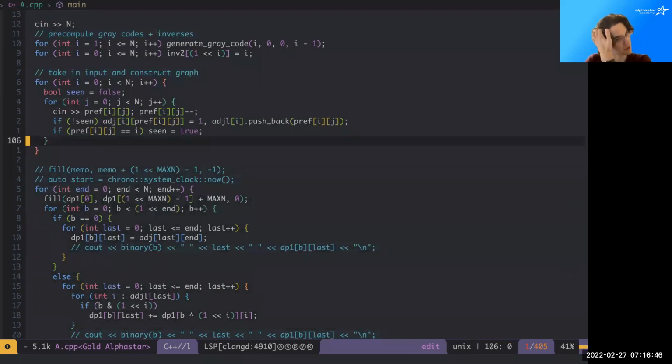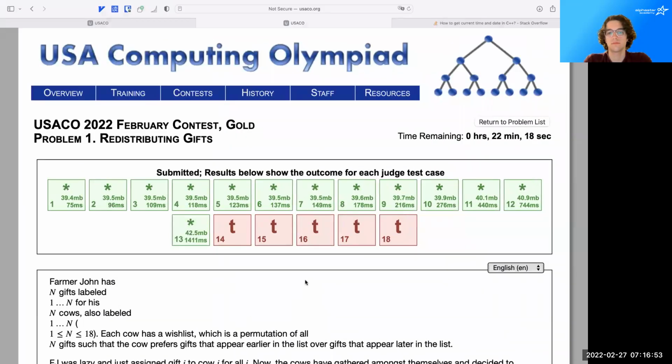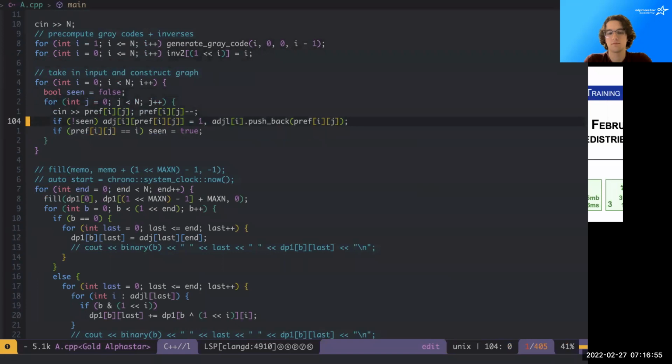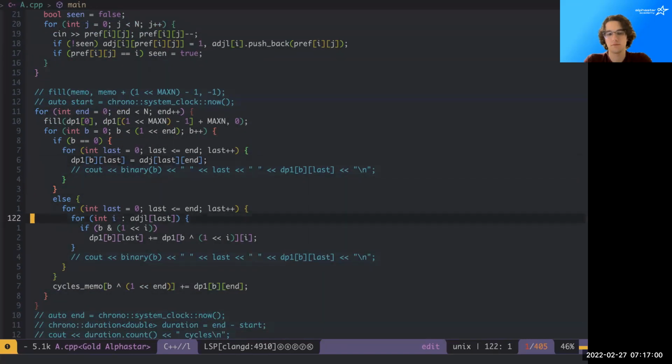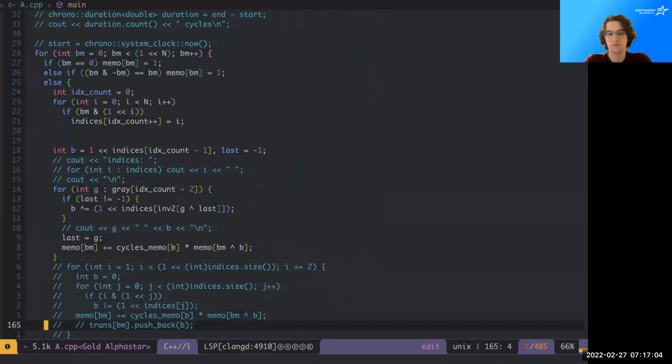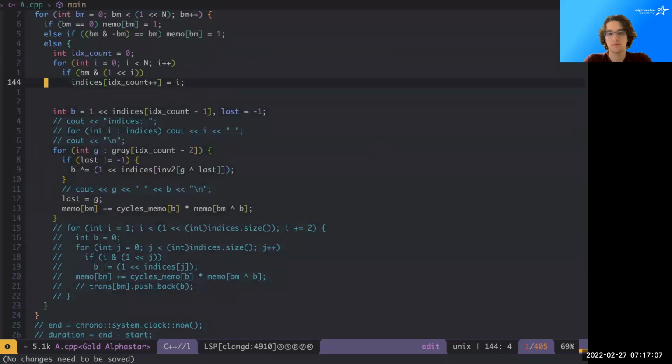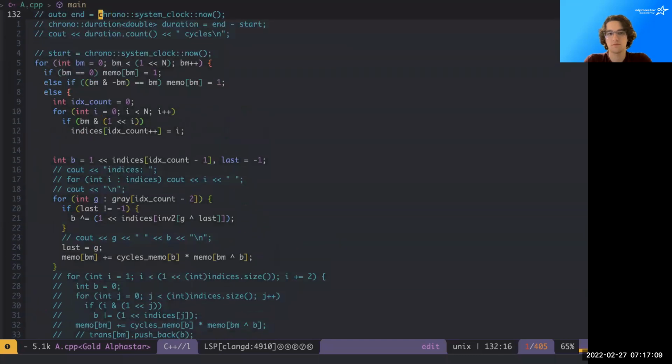We can always pre-compute the gray codes, but I doubt we're spending a lot of time computing those. I mean, another thing we could do is turn this back into a recursive one and hope that some of the states aren't queried.